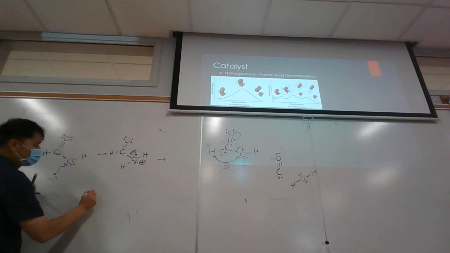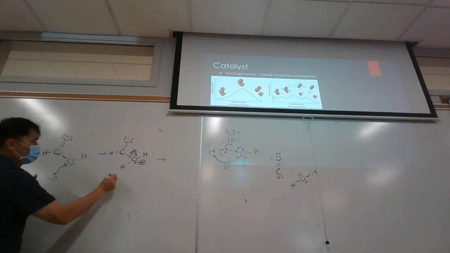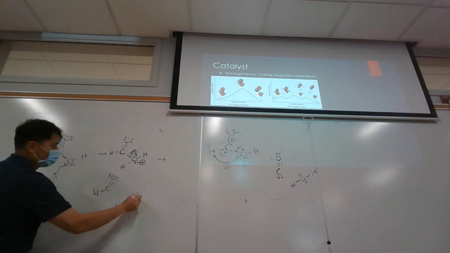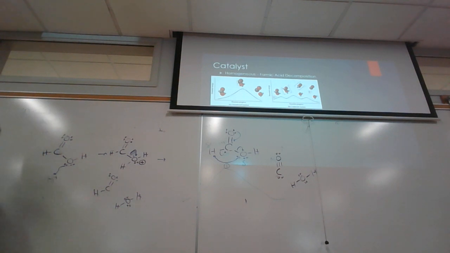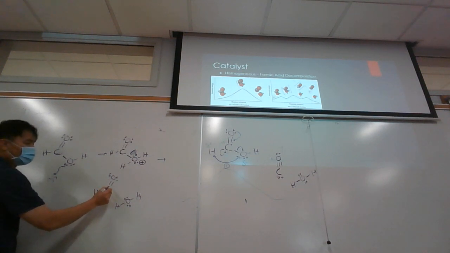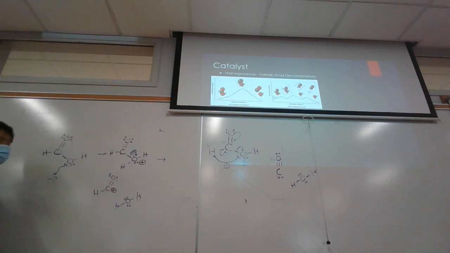And so we'll end up forming this HCO and a water. Water is always good. Water's got octets and zero formal charge. But this HCO species isn't so great because this carbon is going to have less than an octet and a positive charge.